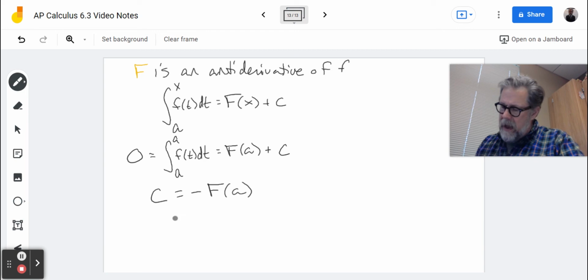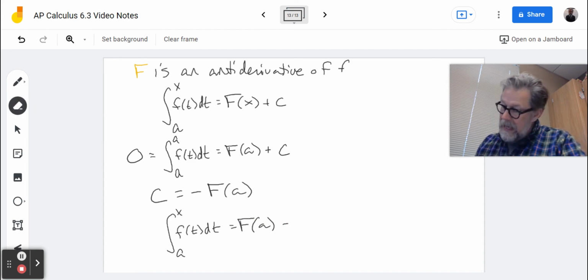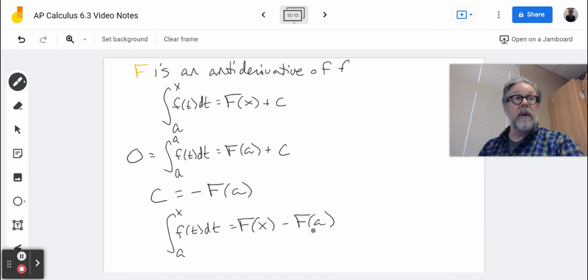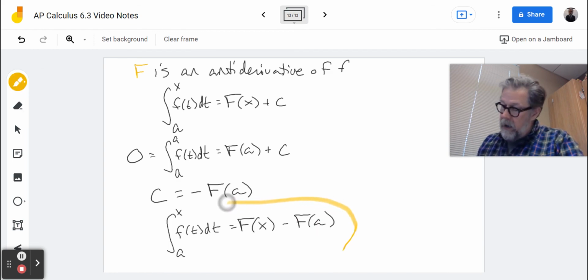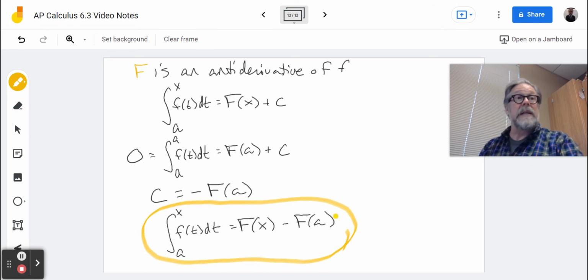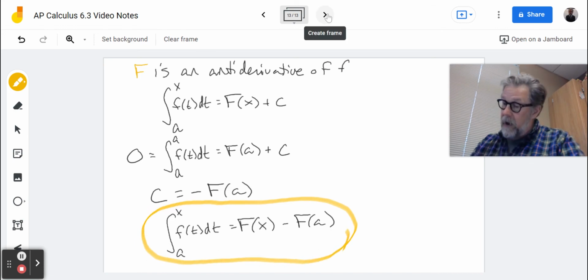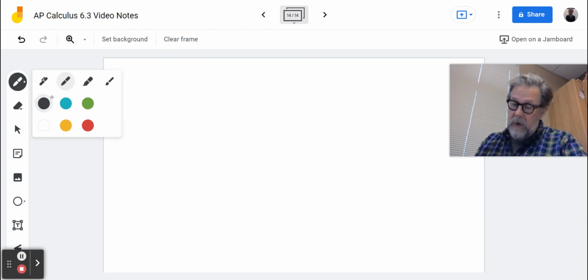So what we now have is that the integral from a to x of f of t dt is equal to the antiderivative at x, minus the antiderivative at a. So this would be a good thing to copy down into your notes, and let's do a very quick example of how we use this.